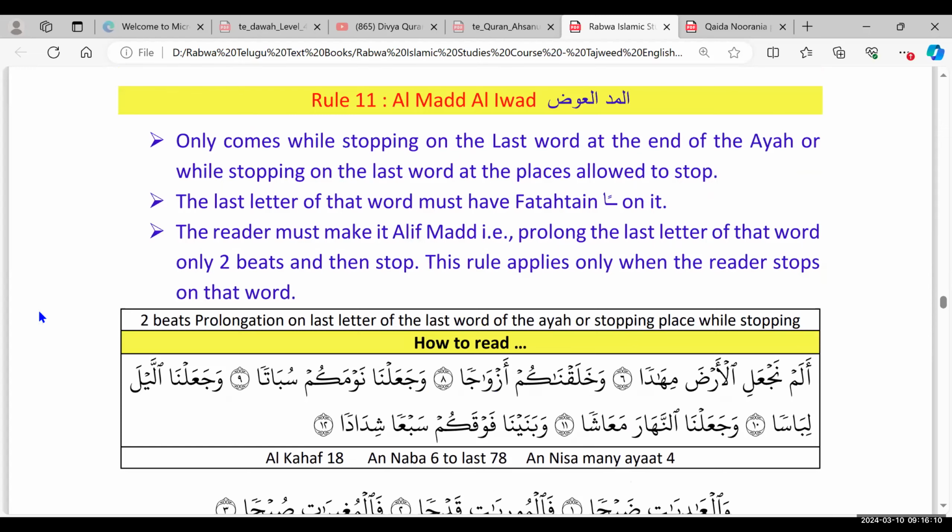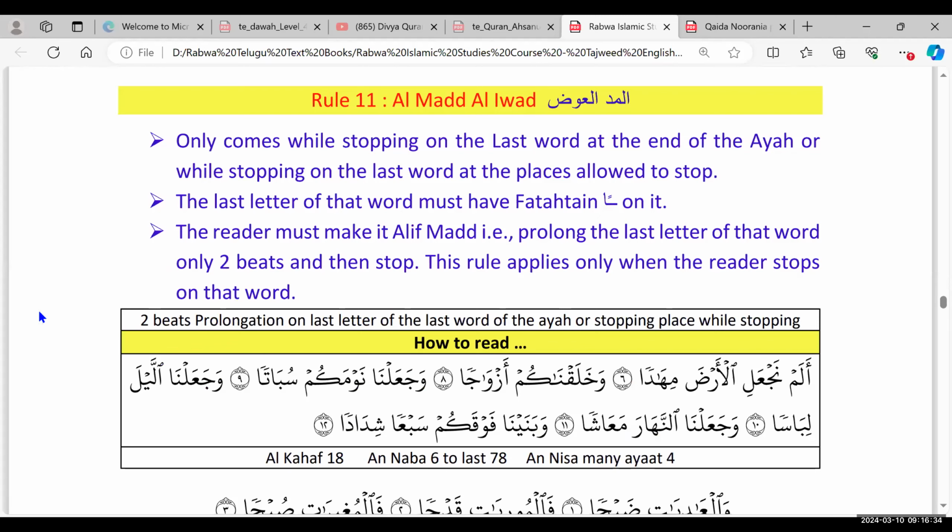Madal Iwad, this rule comes only when you are stopping at the end of the ayah or at whichever places are permissible to stop. This is the first condition. If you apply Madal Iwad on the first or second word, even though many words follow in that ayah, no, it's not the case.